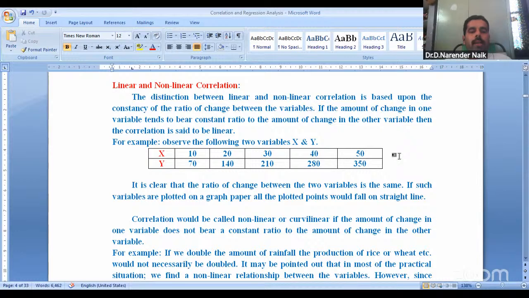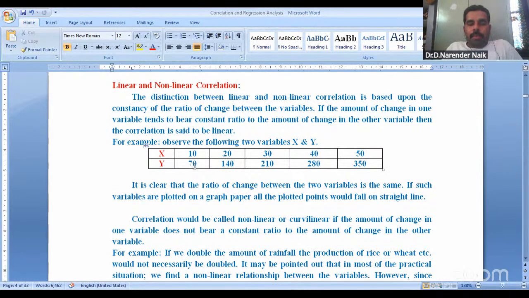It is clear that the ratio of change between the two variables is the same. If such variables are plotted on graph paper, all the plotted points would fall on a straight line.